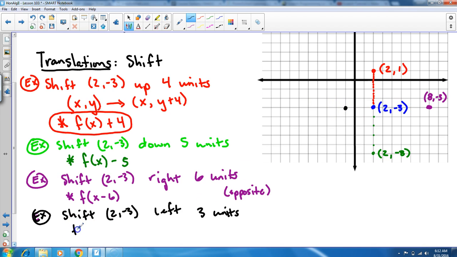And so in order to do this algebraically, we're going to take f of x, and we're going left. And remember, this rule tells us we've got to do the opposite of what we think if we're going 3 units. So f of x plus 3 is going to shift this thing left 3 units. And I'll show you here in a minute why that is the way that it is.